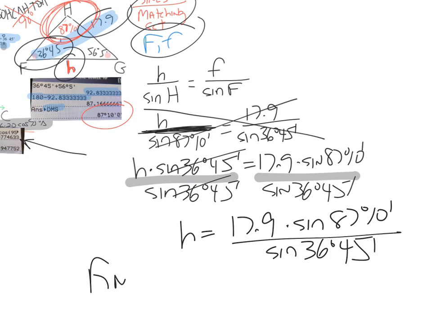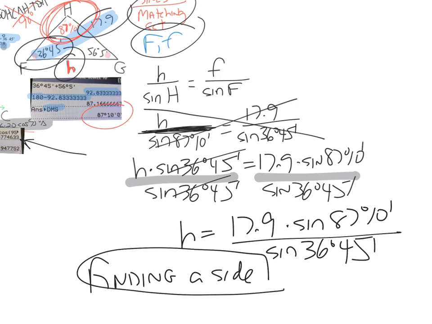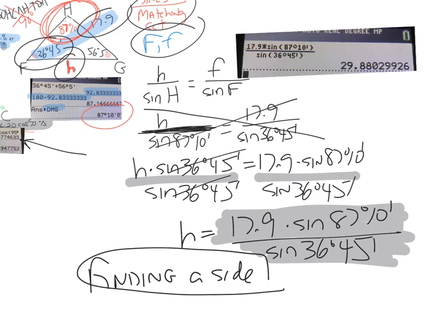We're finding a side, so we're not pressing the second button. We're not doing DMS. We're just typing in exactly what we see on this right-hand side, and for a side, we round to the nearest tenth. So take a minute, enter that fraction onto your calculator, take a picture of it, and include that in your assignment when you submit it. Make sure you're careful with the degrees and minutes, and you use the fraction template.